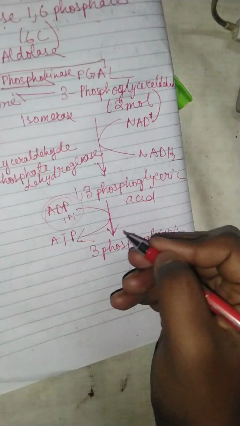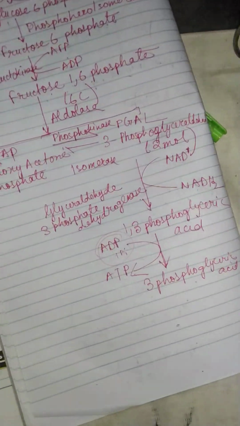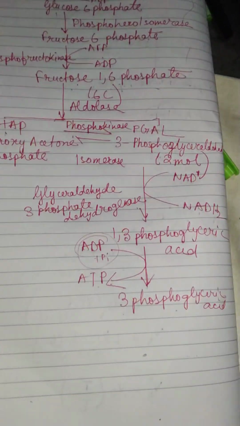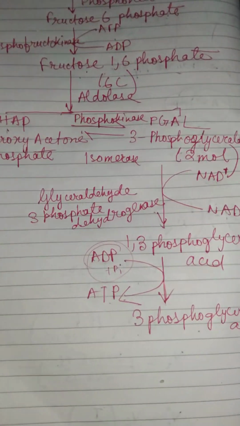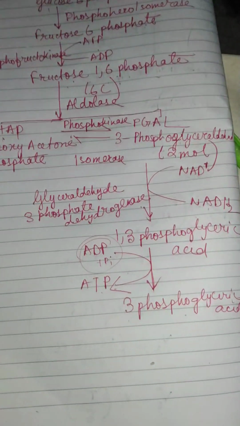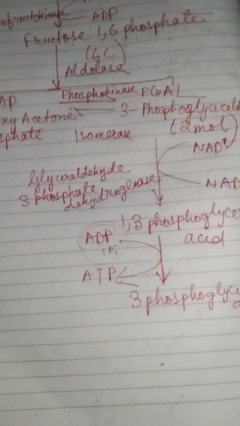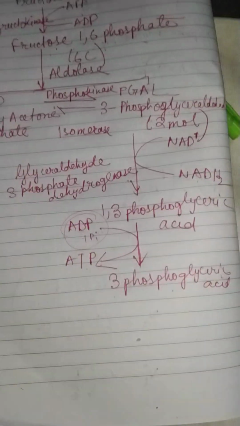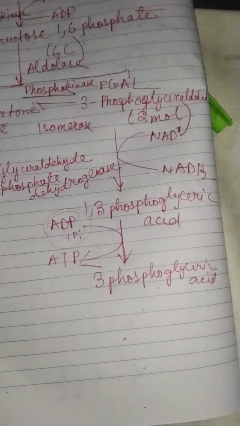This is known as substrate level phosphorylation. What is phosphorylation? When we add a phosphate group to ADP, it forms ATP, and as we are collecting the phosphate from the substrate level, it is called substrate level phosphorylation.